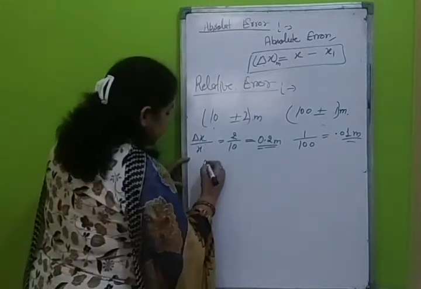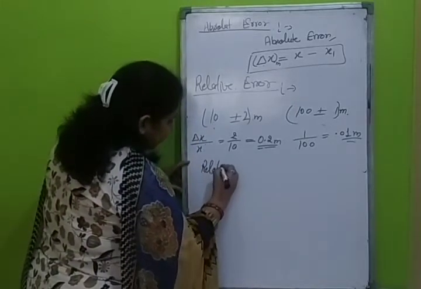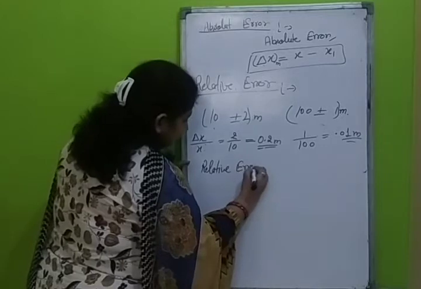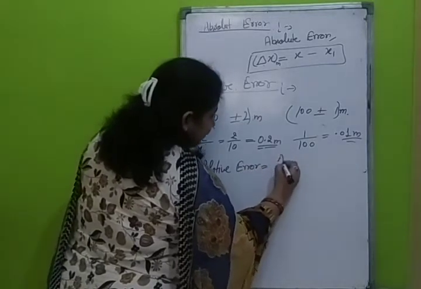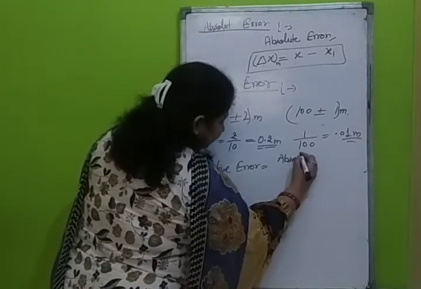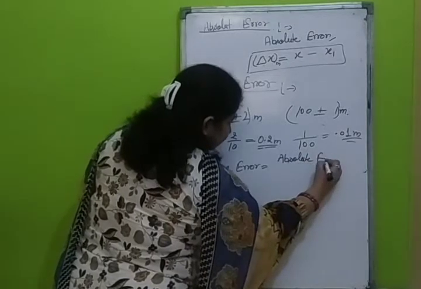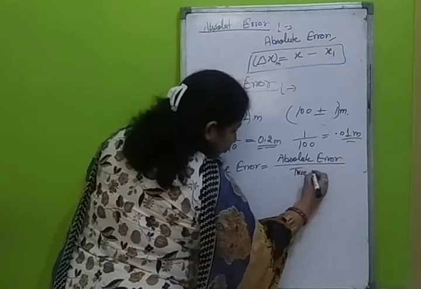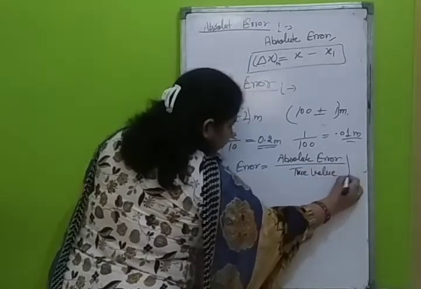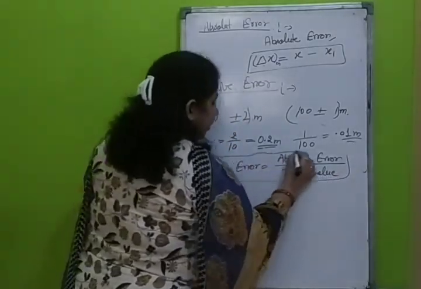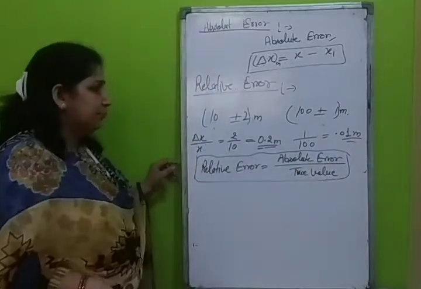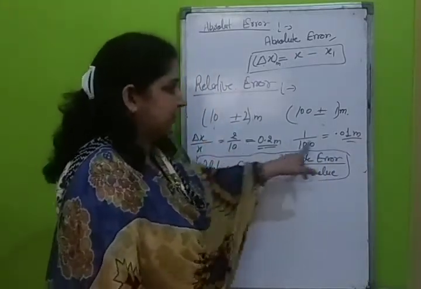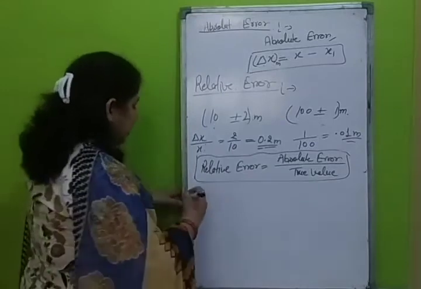Means relative error is equal to absolute error upon true value. This is called relative error. If we want to know what the percentage of error is in the first person and second person, then we will find the percentage error.